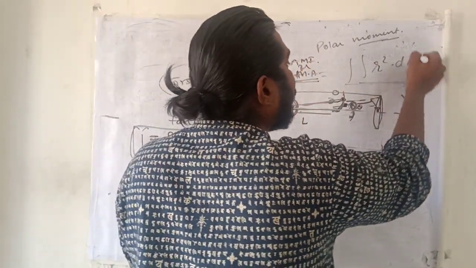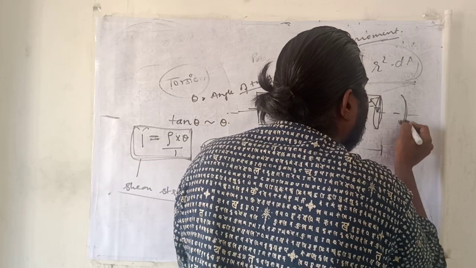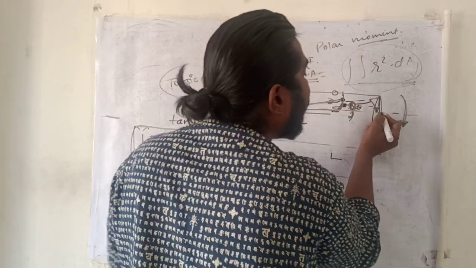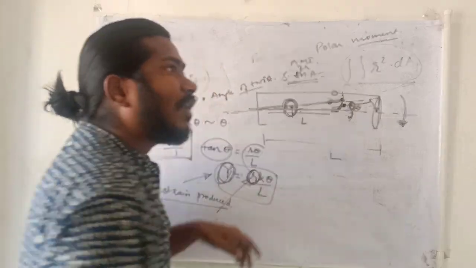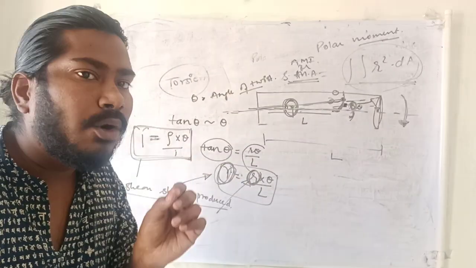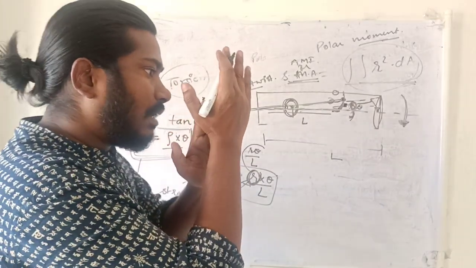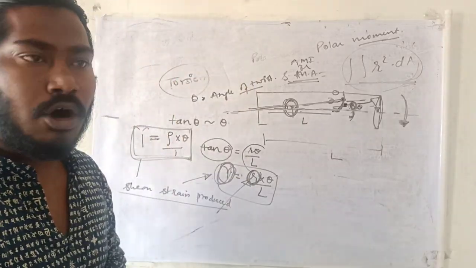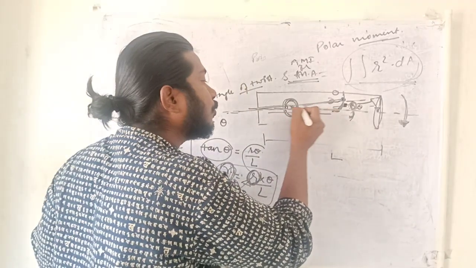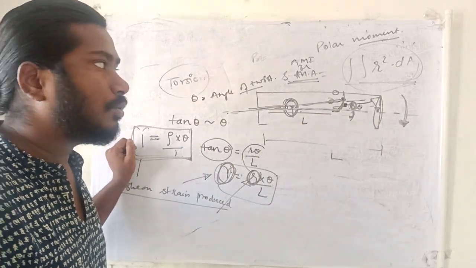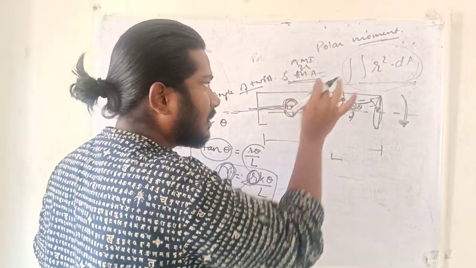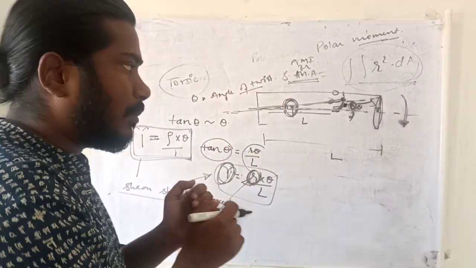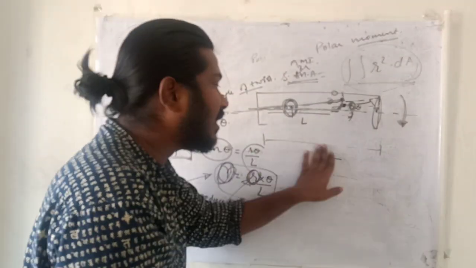The formula would be exactly the same, but the only change is here we are applying the moment along the neutral axis, while in those cases we were applying the loads or forces parallel to the cross section area or perpendicular to the neutral axis. Here we are applying the torque, there we are applying the forces. The formula is absolutely the same, but the implication is completely different.